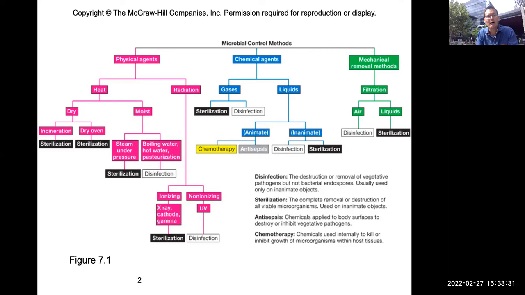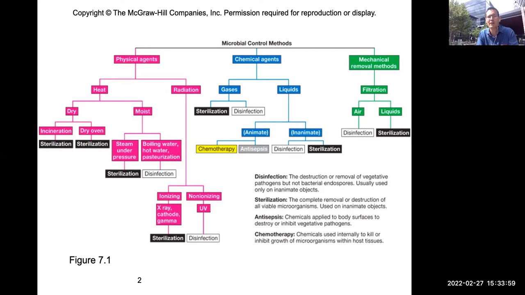I'll put a link at the end to a video I've done previously, which shows a bit more about that. But with physical agents, you can have heat, which can be dry heat or moist heat. Dry heat is most intense and has a sterilizing effect, whereas moist heat may or may not.